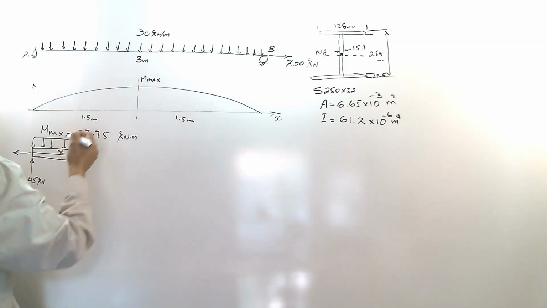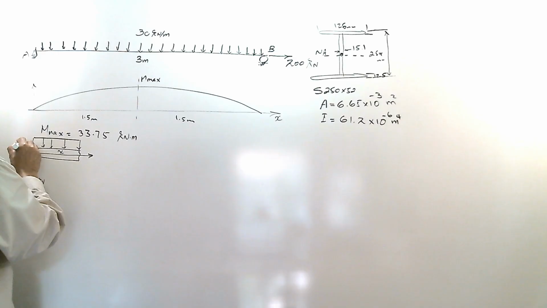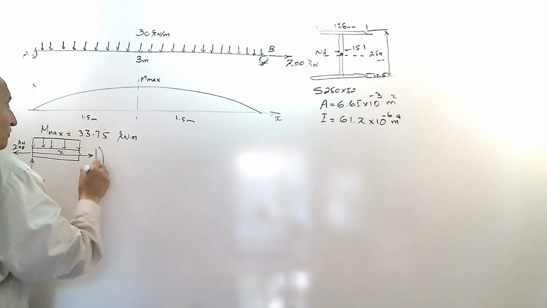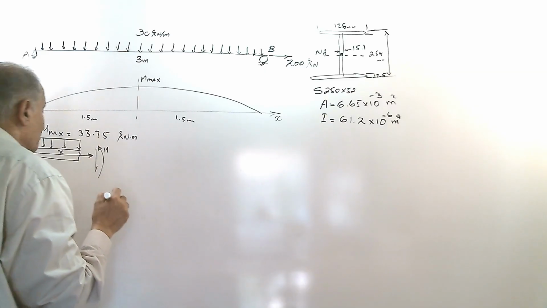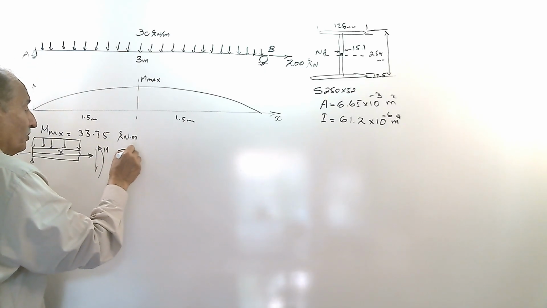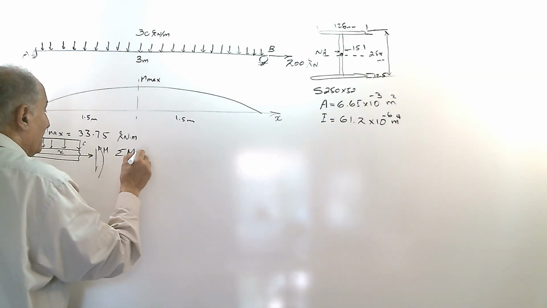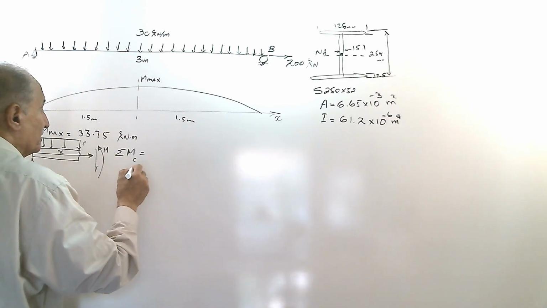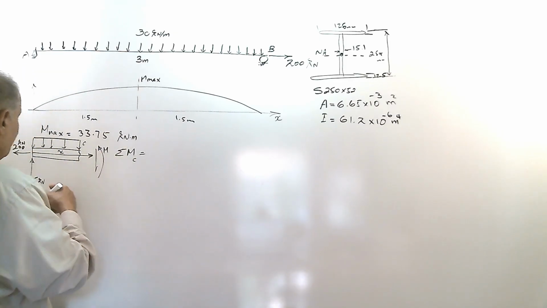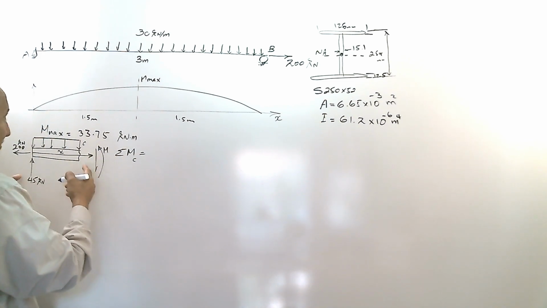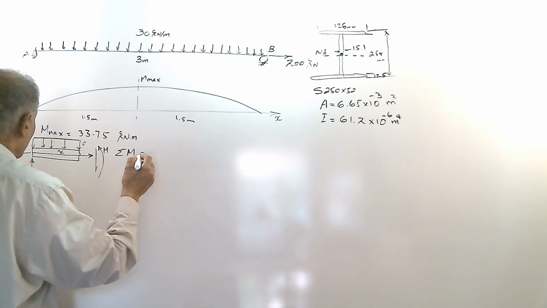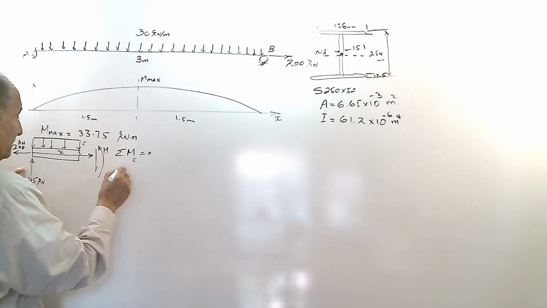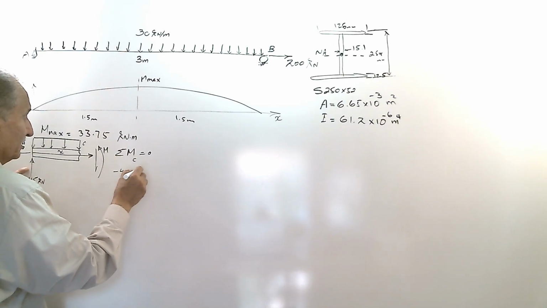And this one also, sigma Fx equal to 0, is equal to 200 kilonewton. Then here we have the shear force and bending moment at the cut section, and summation of moments about the cut point C equals 30 times x times x over 2 and 45 times x. 45 times x is clockwise, so we consider it negative, minus 45 times x.